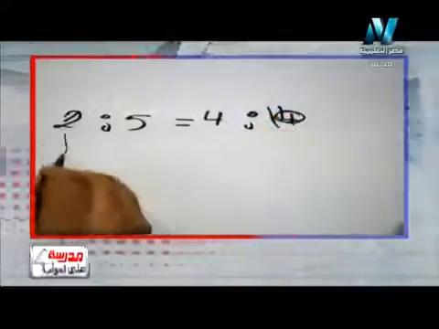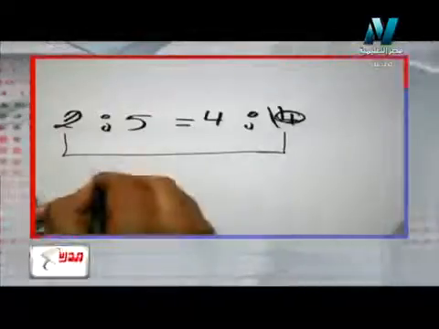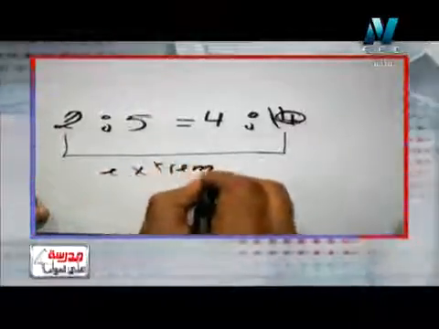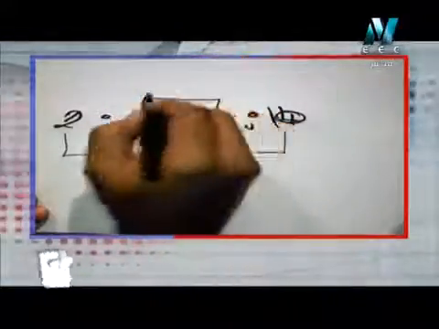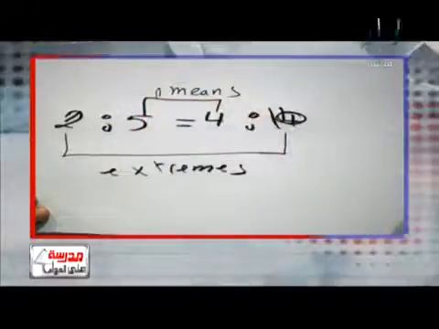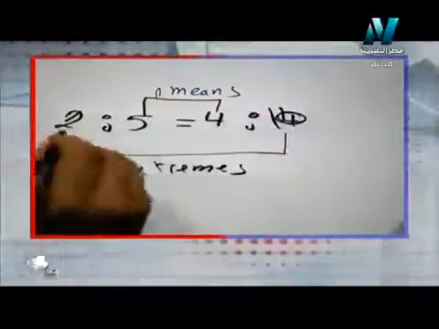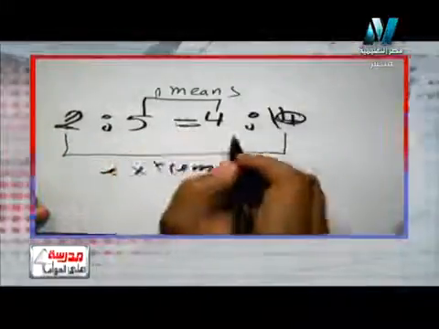We call the first term and the last one the extremes, and we call the second and the third the means. It's very important to know. The first ratio 2 to 5 equals the second ratio 4 to 10.